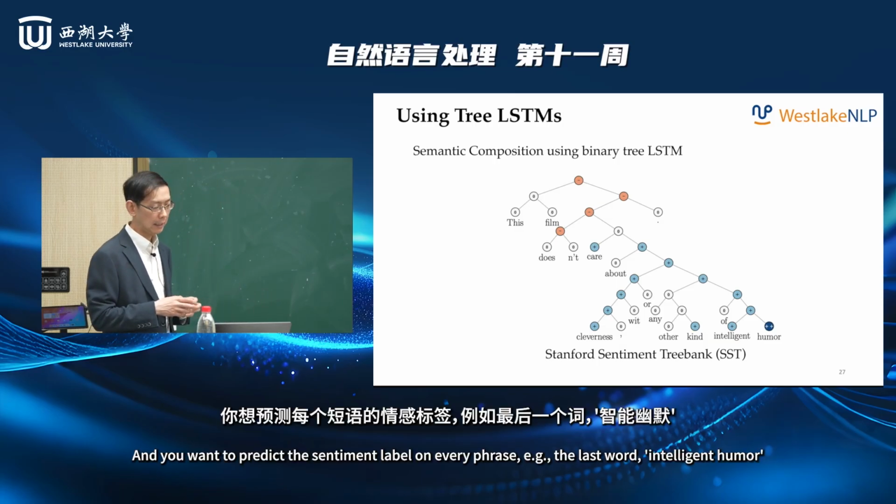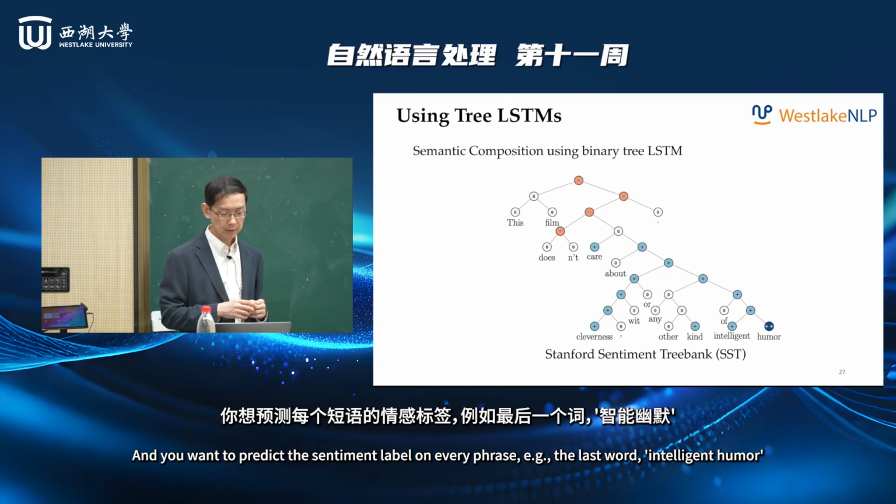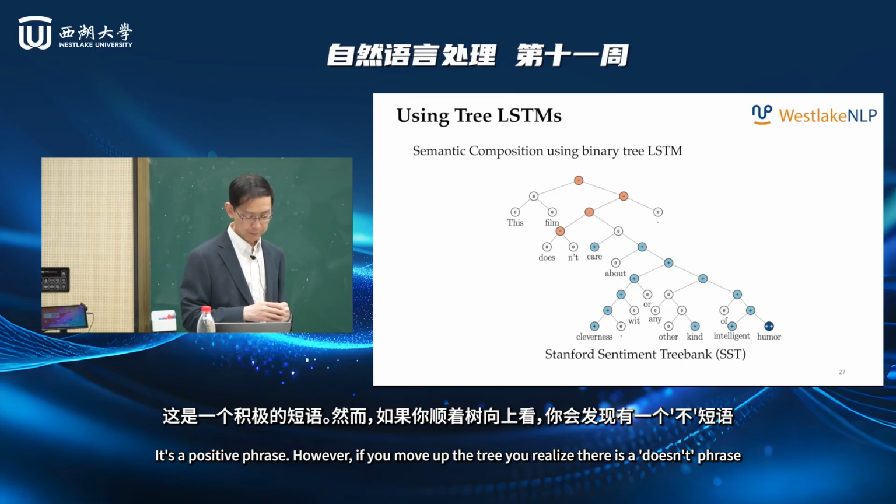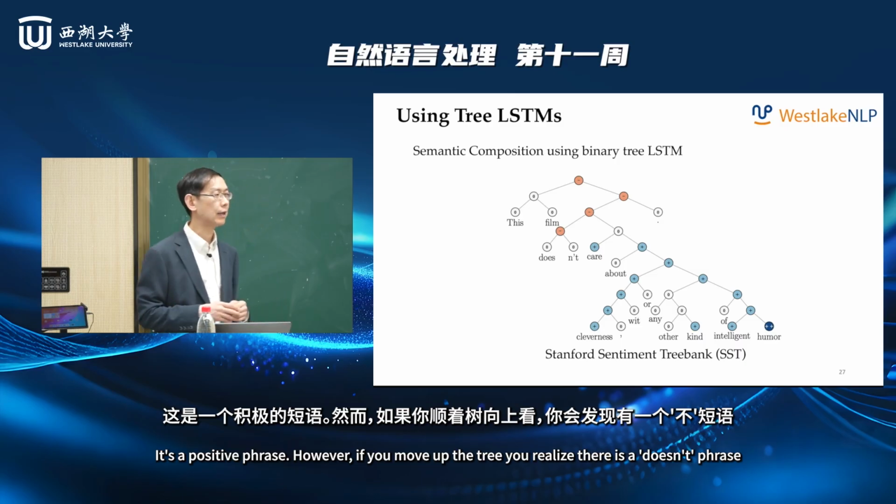All right? And you want to predict the sentiment label on every phrase. For example, the last two words, intelligent humor, is a positive phrase. However, if you move up the tree, you realize there is a "doesn't" phrase.